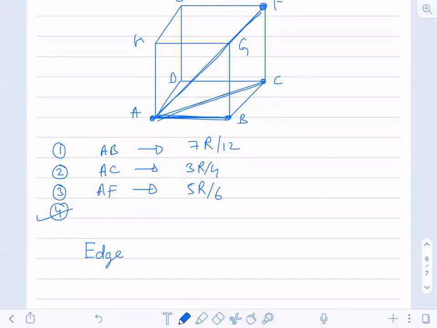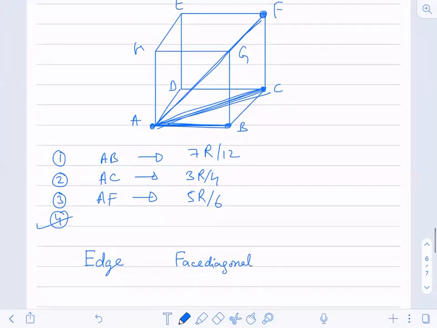When you calculate across AC, that's the face diagonal. And when you calculate across AF, that's the body diagonal.